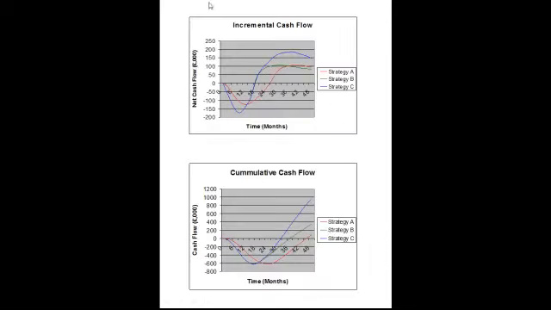If we do that, the incremental cash flow, so that's the expenditure and negative, we can see the projects here, project A, project B, project C, and we can see the cash flow. So project A takes quite a long time to get to market and to go positive.